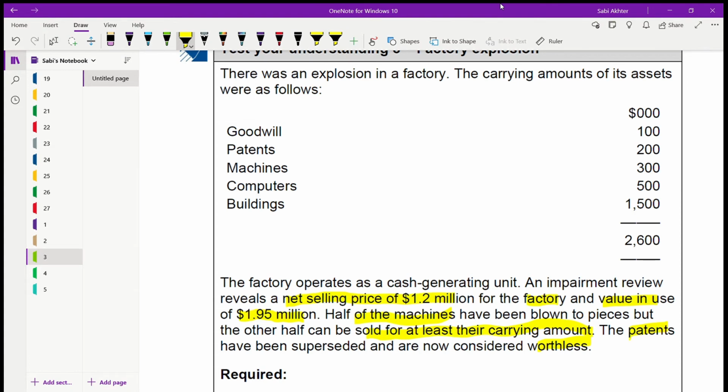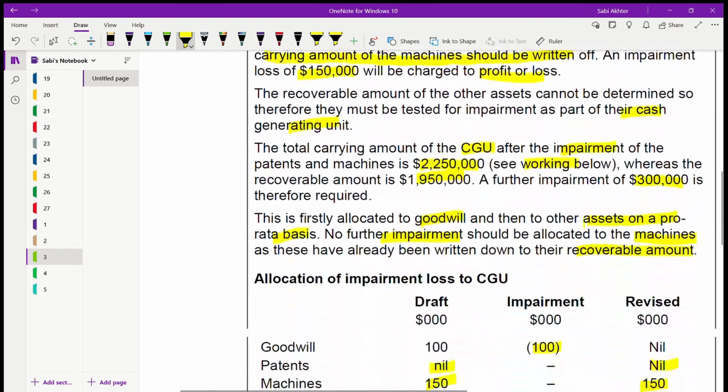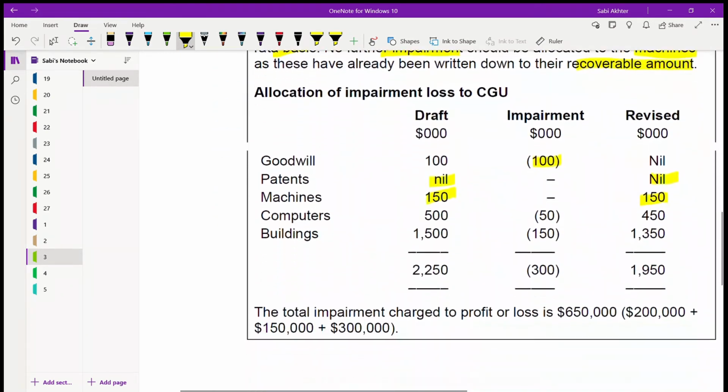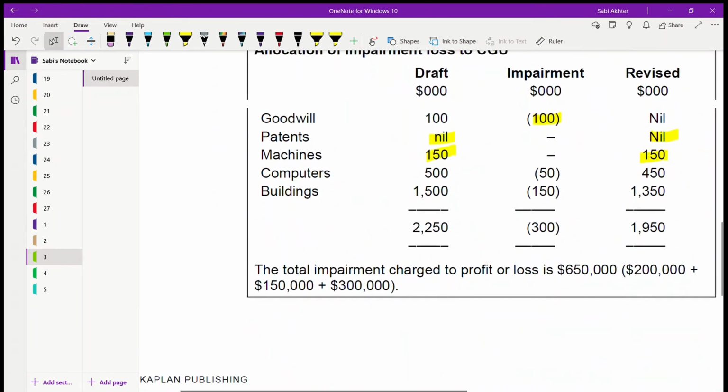What of the impairment? The higher of this 1.2 or 1.95. So it's the value in use which is higher, 1.95. So you deduct 1.95 from the carrying amount, 650. So total impairment has to be 650. You see?